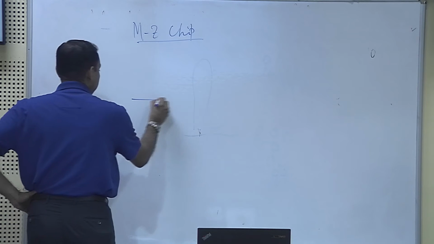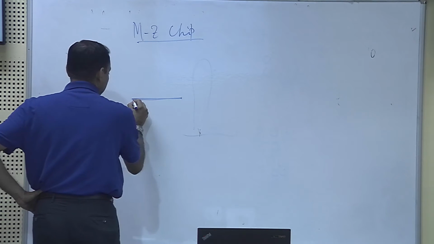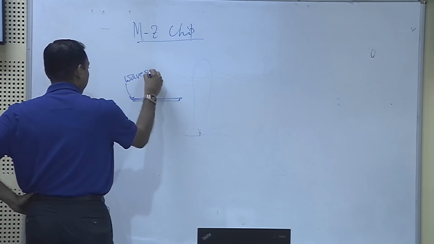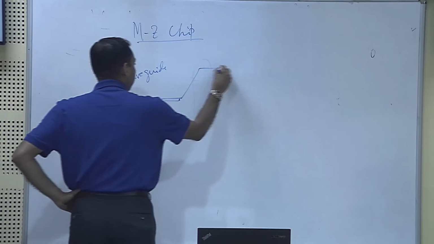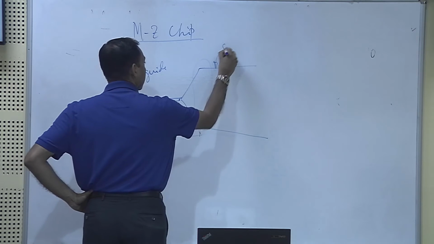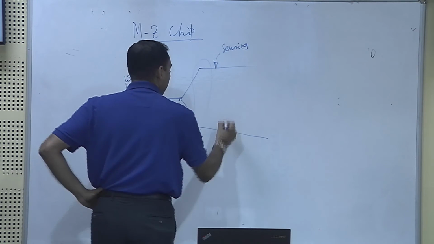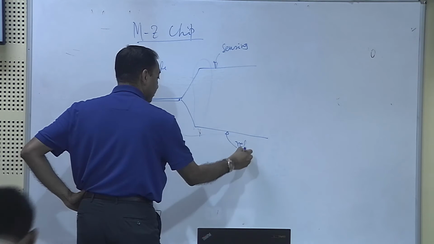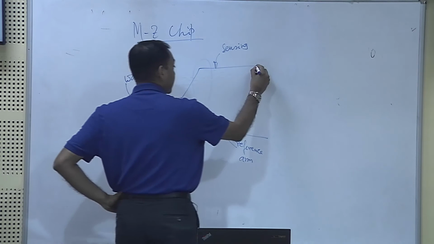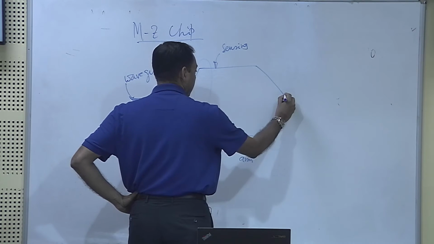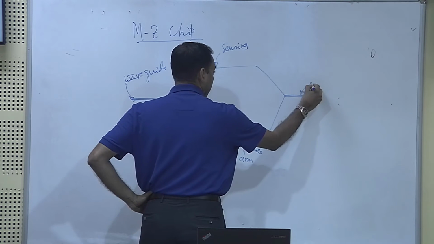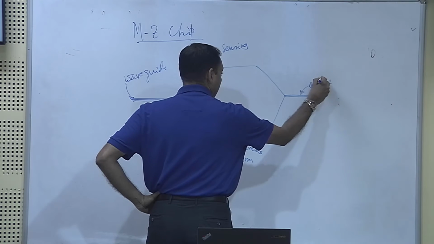What you have is this waveguide. It branches out into two streams. One is referred to as the sensing arm, and the other one is referred to as the reference arm. And then they combine, and this is the output end, where you see the output of the wave.